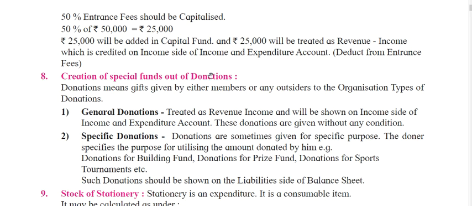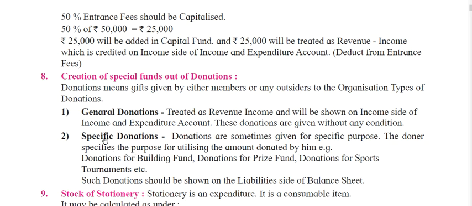So next one is creation of special funds out of donations. Donation means a gift given by either members or any outsiders to the organization.